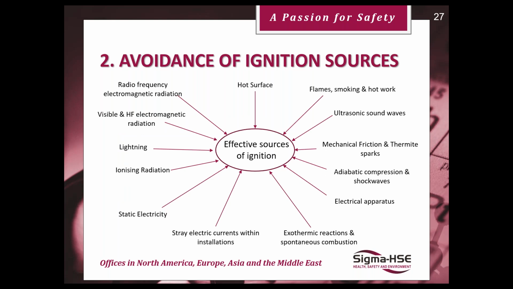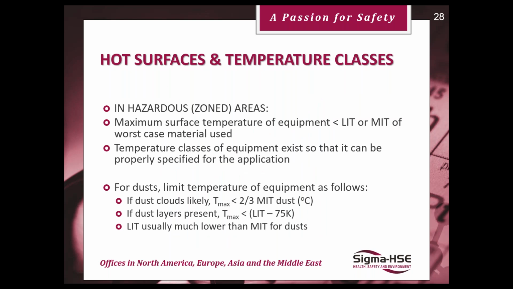As well as using, if we can't prevent that flammable atmosphere, then the legislation points us to using ATEX certified equipment that's specifically designed to reduce the probability of that equipment becoming an ignition source. Okay, and that is done in two ways.